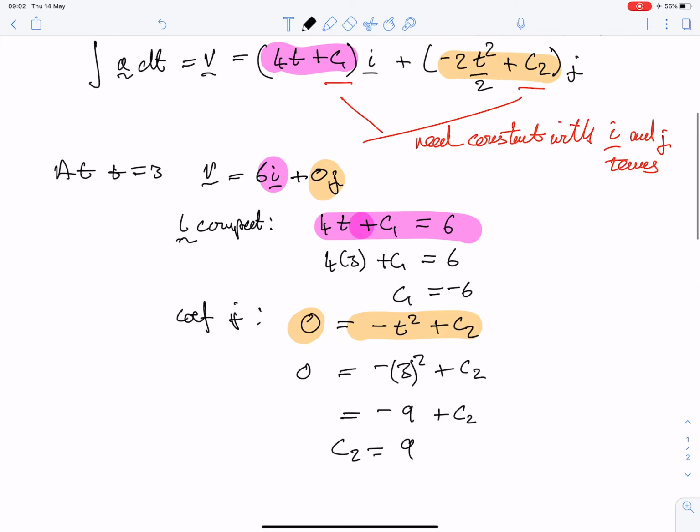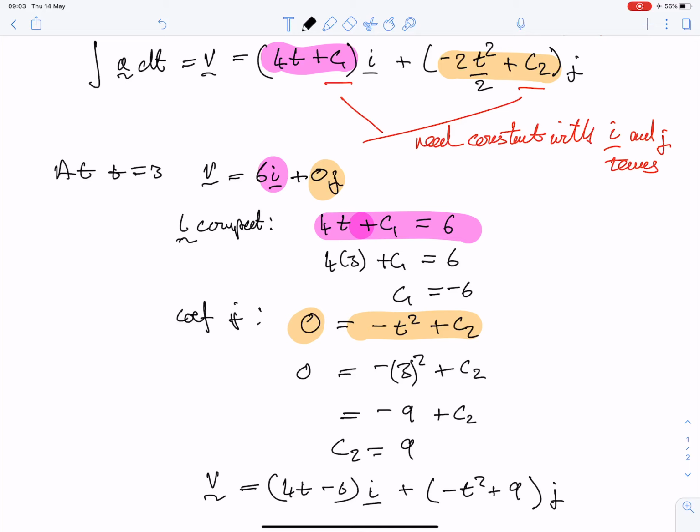So now we can write out our new vector v. We've got 4t minus 6 for the i component, plus, I can write this as minus t squared plus 9, lots of j.